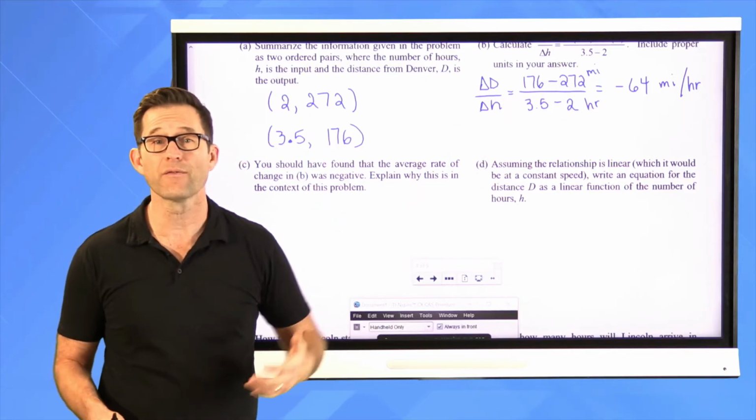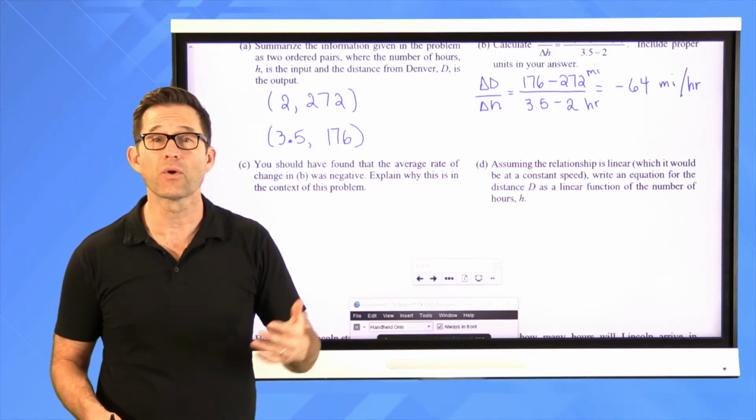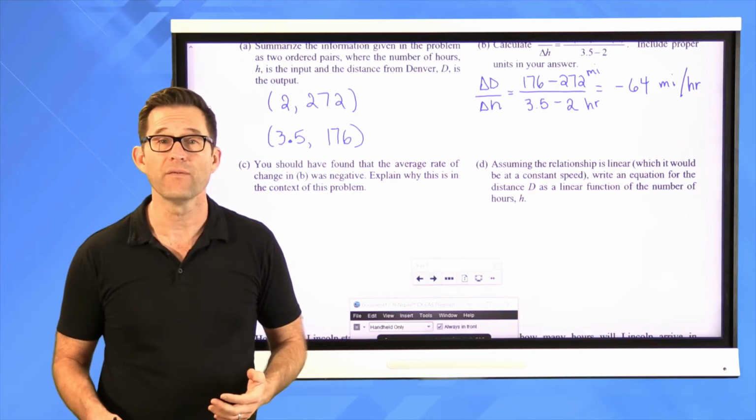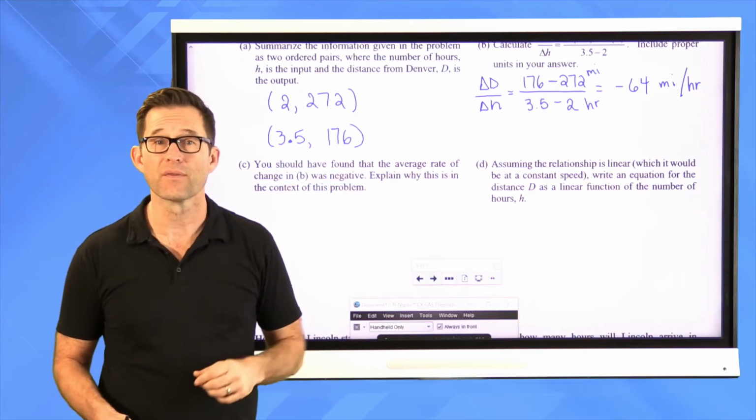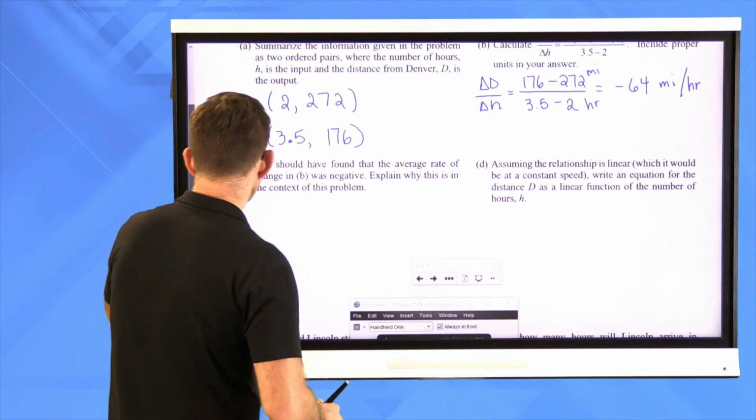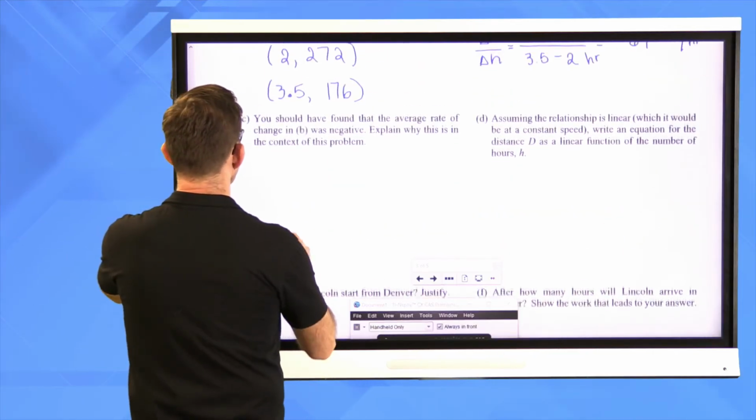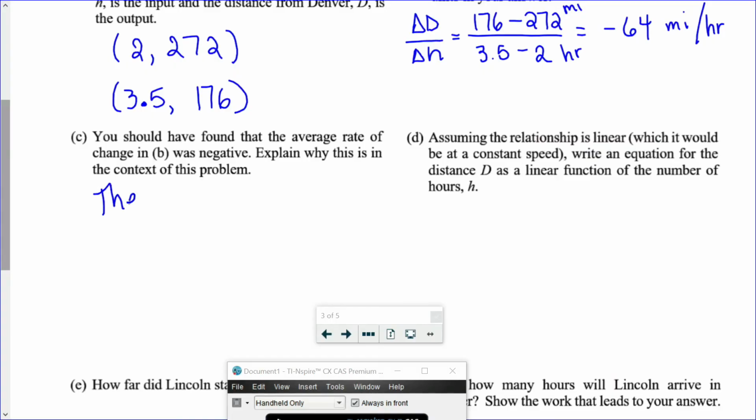In any linear function, if the output is decreasing, the slope should be negative, and if the output is increasing, the slope should be positive. So it's really simple. The distance to Denver is decreasing.